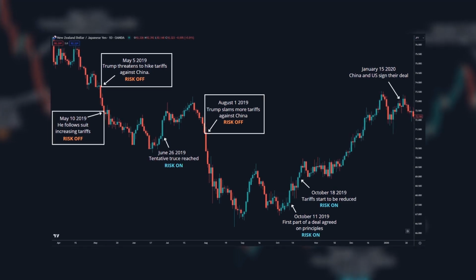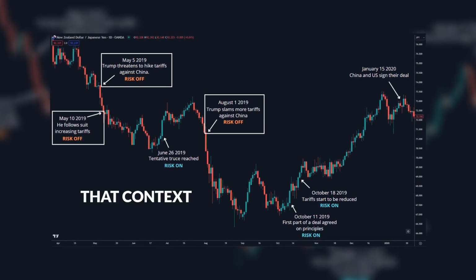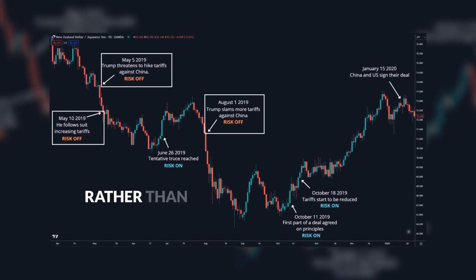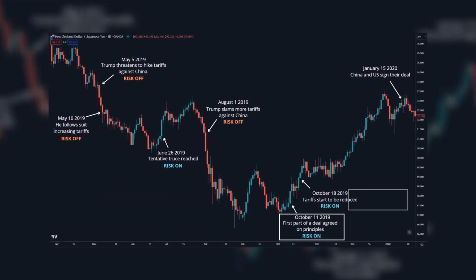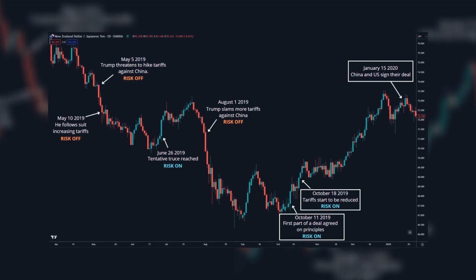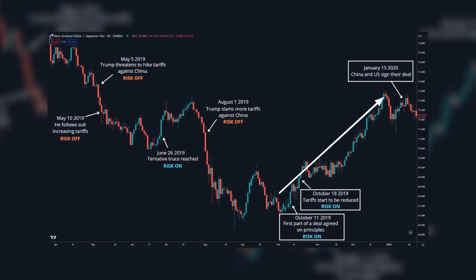Escalating geopolitical tensions between the US and China. Why? Because traders in that context favor a safe haven like the Japanese yen rather than a high beta currency like the New Zealand dollar. But instead, the opposite happens in the opposite context. When tensions cool off and things move in a more positive direction geopolitically, in this example, NZD JPY bottomed and it started to trend up accordingly.